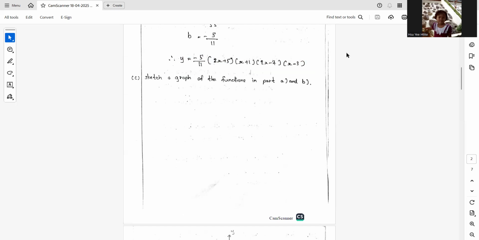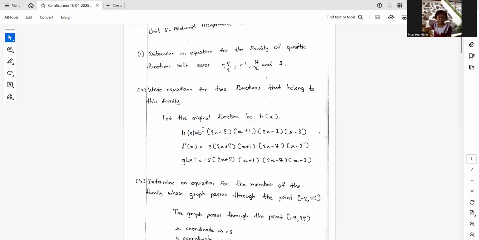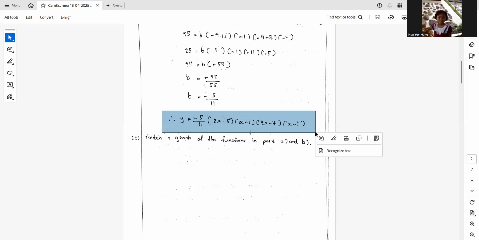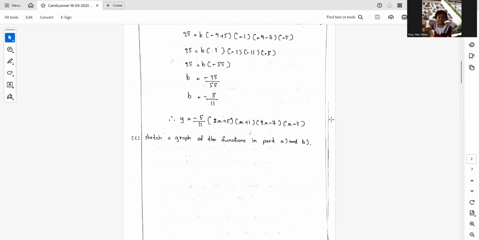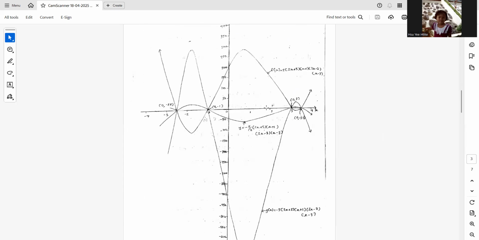For question C, sketch a graph of the functions in part A and part B. So here we made the two functions f of x and g of x in question A, and we made the equation y is equal to -5/11 times (2x plus 5)(x plus 1)(2x minus 7)(x minus 3) in question B. So for question C, we have to sketch these functions.